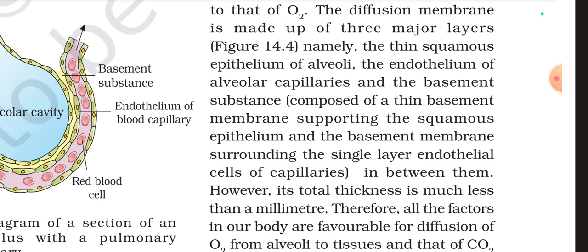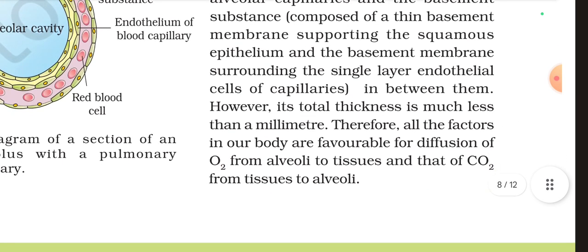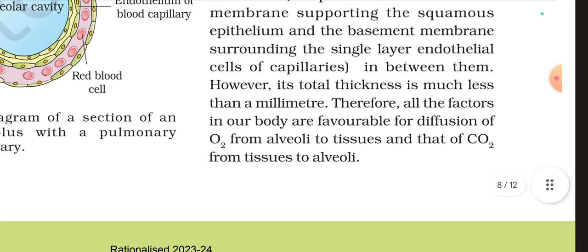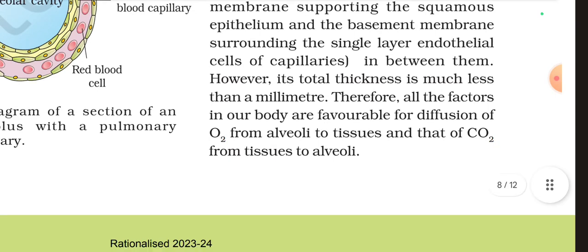However, its total thickness is much less than a millimeter. That is an important line. Therefore, all the factors in our body are favorable for diffusion of oxygen from alveoli to tissues and that of CO2 from tissues to alveoli.